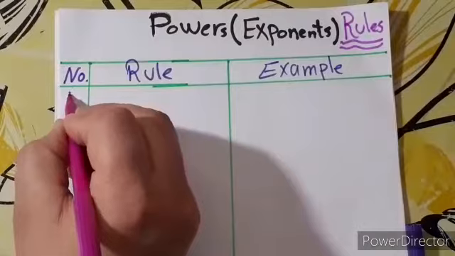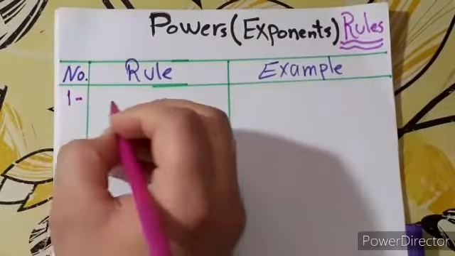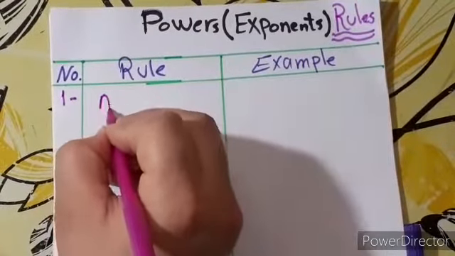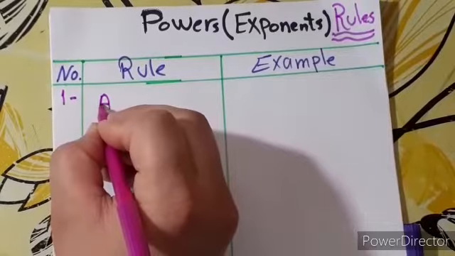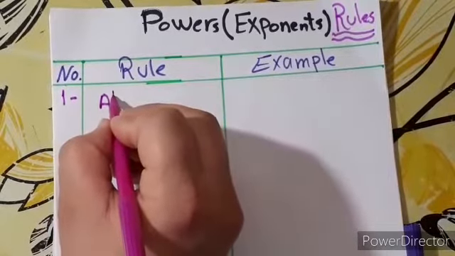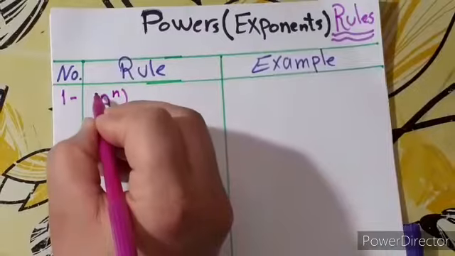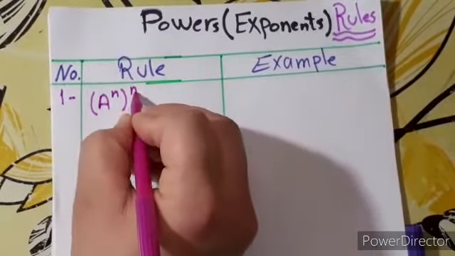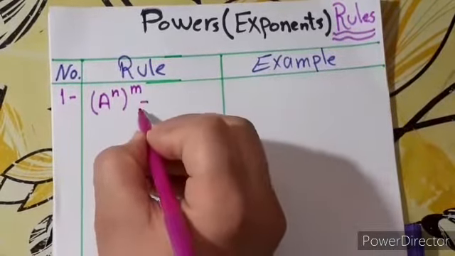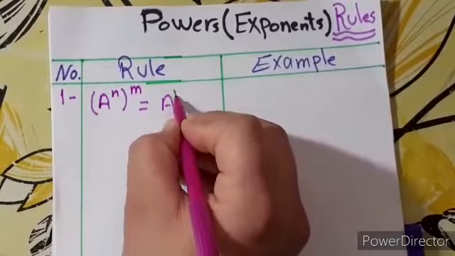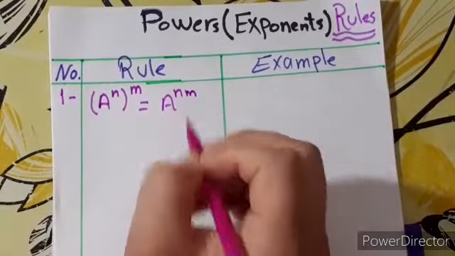Rule number 1. If we have base A of the power n and all power m, equals A power n times m.